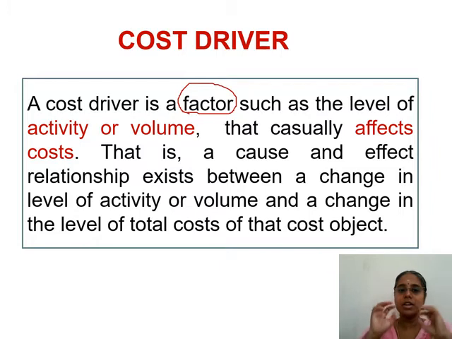The driver and the effect should have a good relationship. Some other factors may also be a cause, but you take the main cause as the base for apportioning the cost, or dividing the total cost into various portions to map it to the product or a production area.